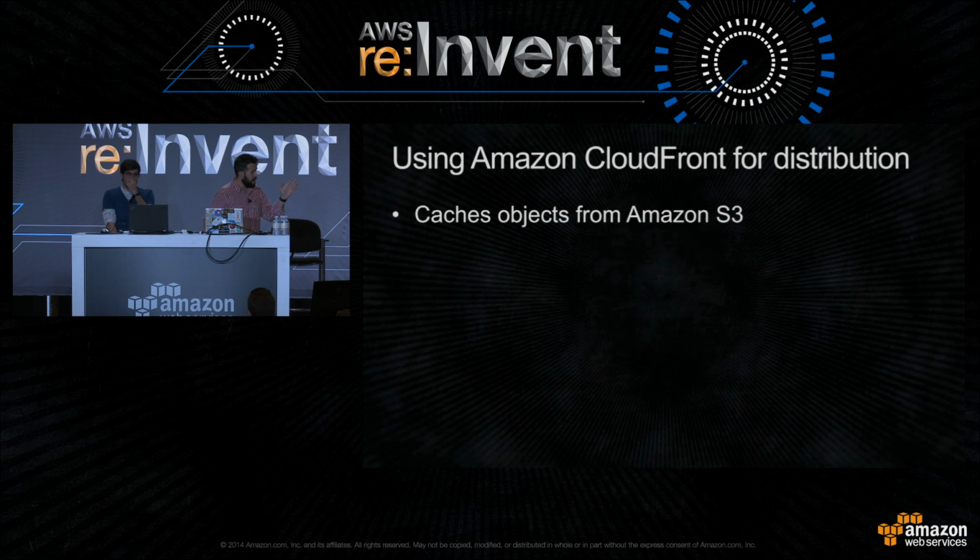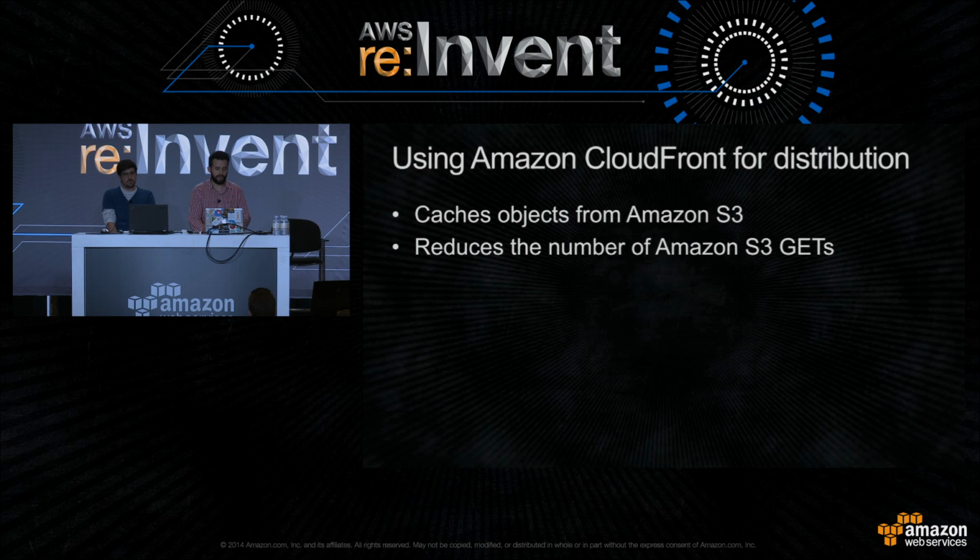CloudFront basically caches the objects of S3 that you are transferring in the nearest location to the user. So it will provide a faster and reliable experience to your user, right? And you also reduce the number of gets that you issue against S3, because once the object gets cached in the nearest edge location, you will save a few round trips from the user to S3.